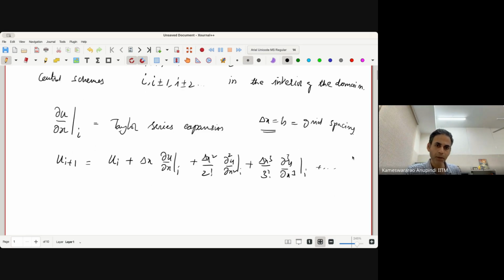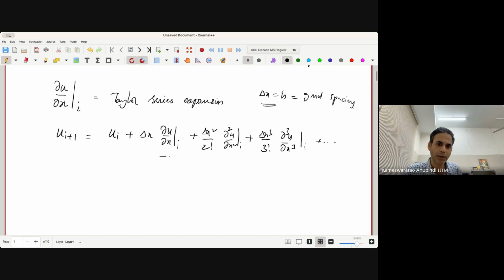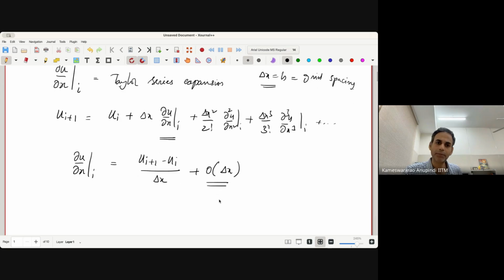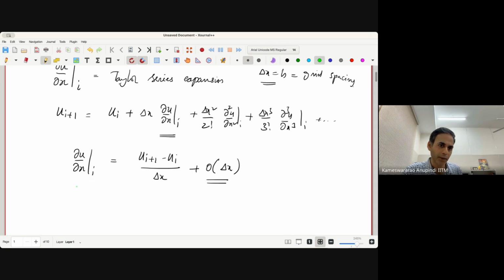Now, if we were to calculate partial u partial x from here, partial u partial x at the point I equals ui plus 1 minus ui divided by delta x, plus or minus order delta x terms. Because we are going to approximate partial u partial x as simply ui plus 1 minus ui by delta x, we are going to neglect this term.